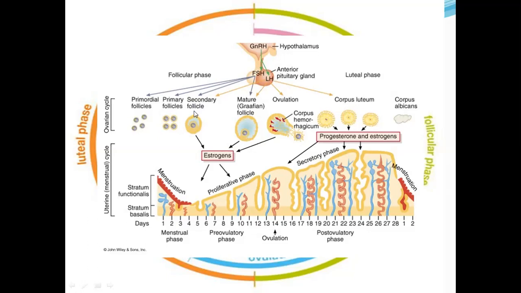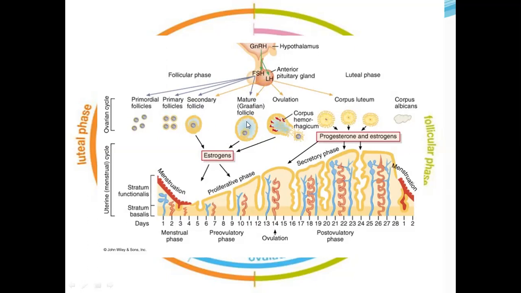Now, what will the secondary follicle do? It will start production of estrogen. And the secondary follicle will become more mature and convert into a Graafian follicle. Within that, if you can see here, there is a fluid cavity.